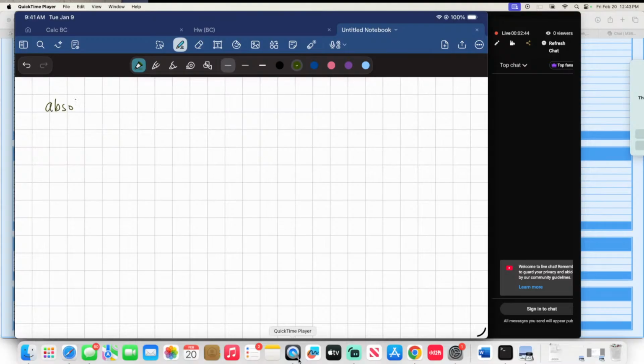So, absolute convergence. When we talk about absolute convergence, we basically said that if the series summation of n equal to 1 to infinity of the absolute value of a to the n converges, if that's true, then the series summation of a to the n also converges.